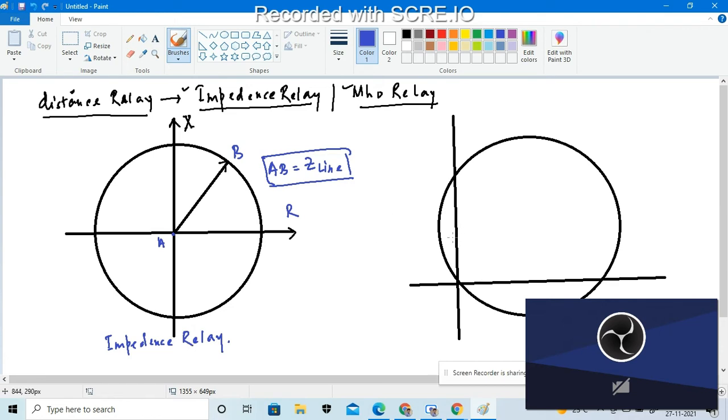For that case, this will be my x axis, and this will be the axis of rotation of the relay. At this point we are considering A, that means the region, and this is my B. We draw the lines, and consider some portions over here, this point and this point too.